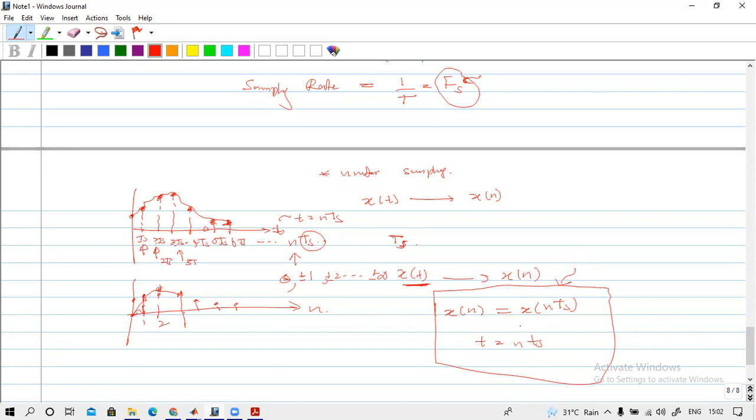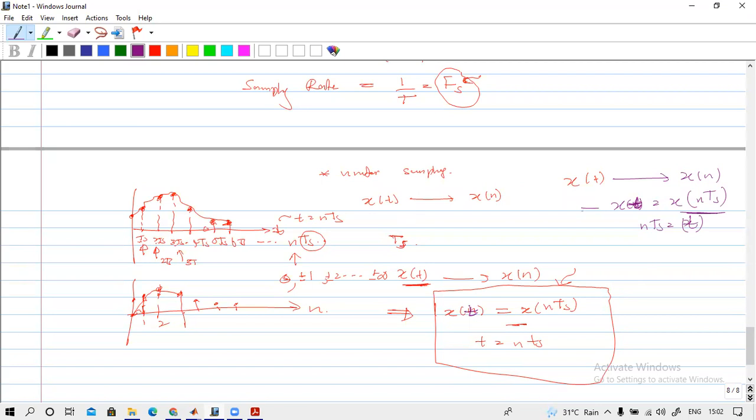You have to remember this point: x[n] equals x(nTs). If you have the x(t) signal, then you will get the sampled x[n], where x[n] is equal to x(nTs), and here nTs equals t. Likewise you can represent it.